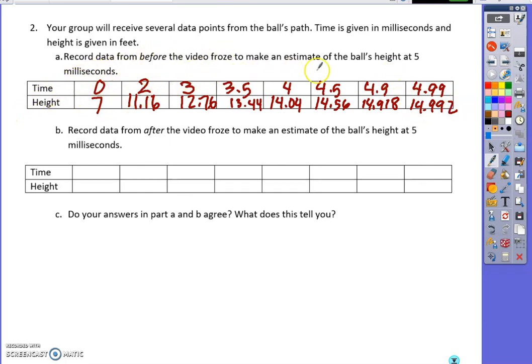We've got this 4 seconds here, and then this is after the video because it froze at 5 seconds. We don't know where it is.